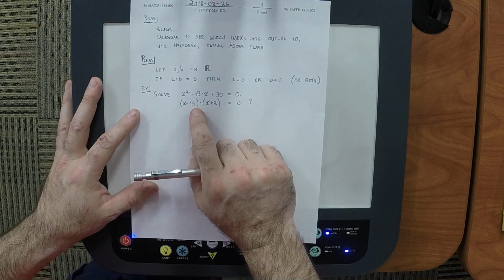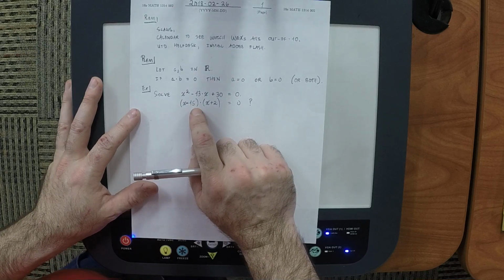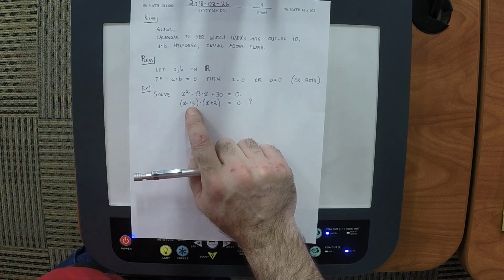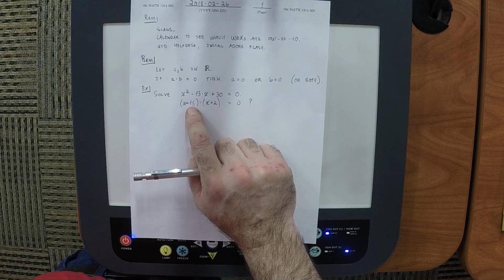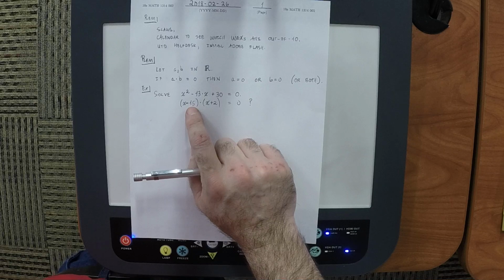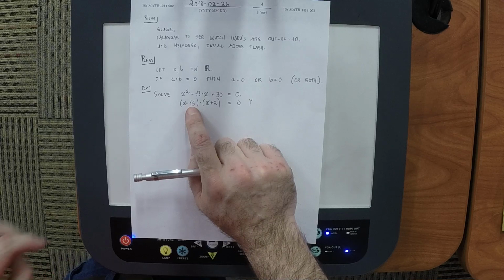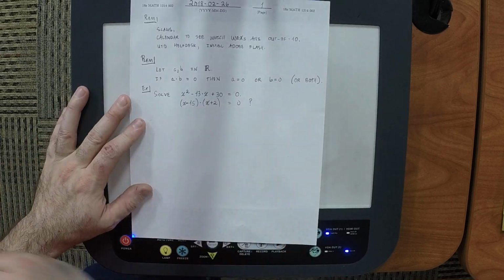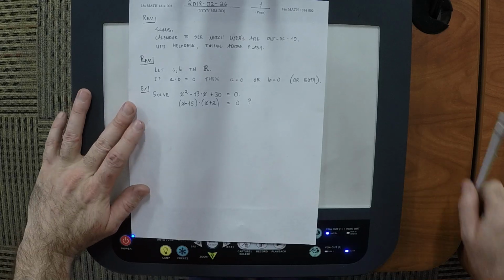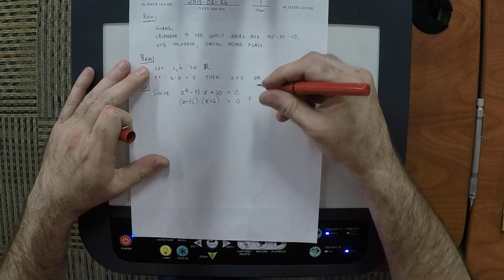Right. So this one is sort of a little bit dangerous, because the sum is correct. The sum is negative 13, but the product is not. Because the product would be negative 30, but we need it to be positive 30. So not this one.